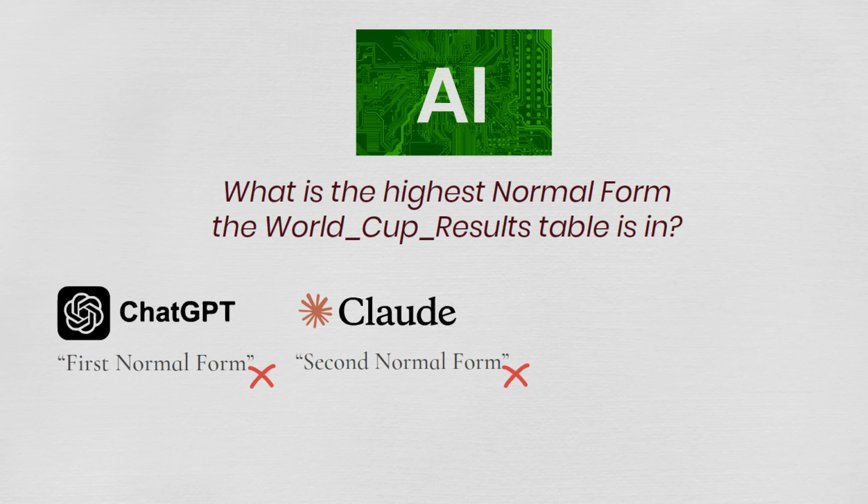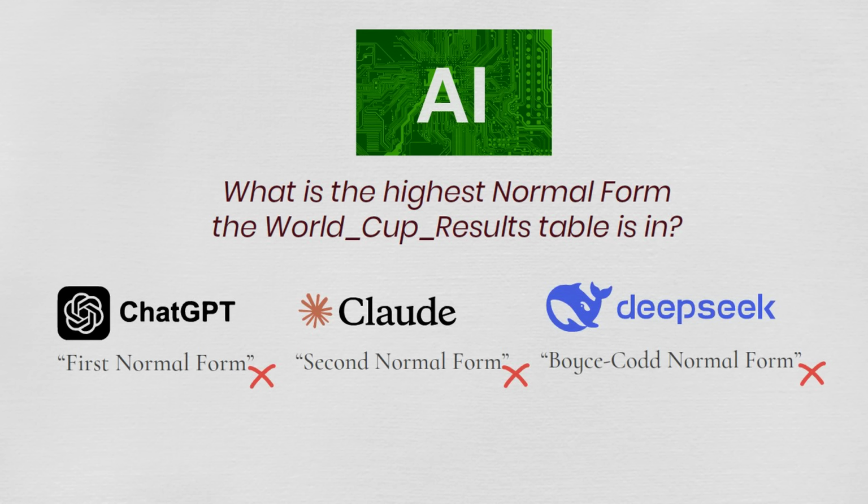Claude said second normal form. DeepSeek said Boyce-Codd normal form. Each AI went on to change its mind with varying degrees of reluctance when the errors in its reasoning were pointed out to it. A helpful reminder of the dangers of placing too much trust in large language models, which, although they can mimic thinking very convincingly, can't actually think.